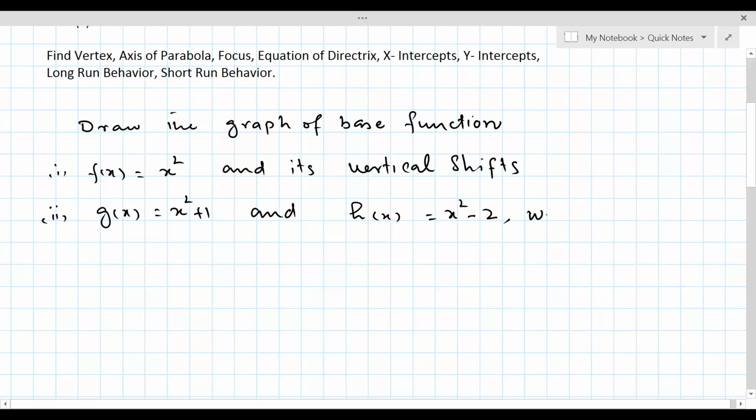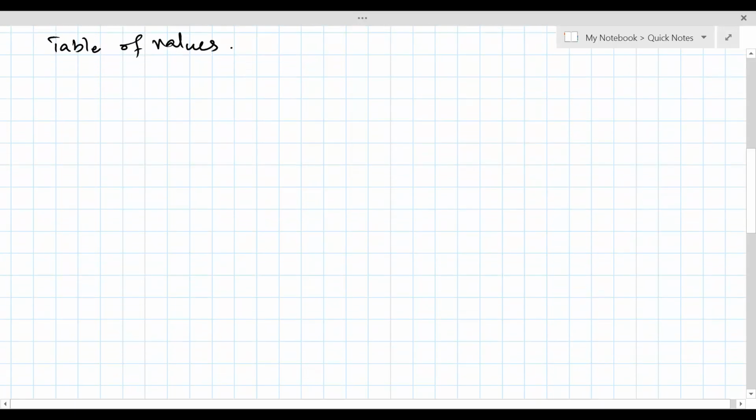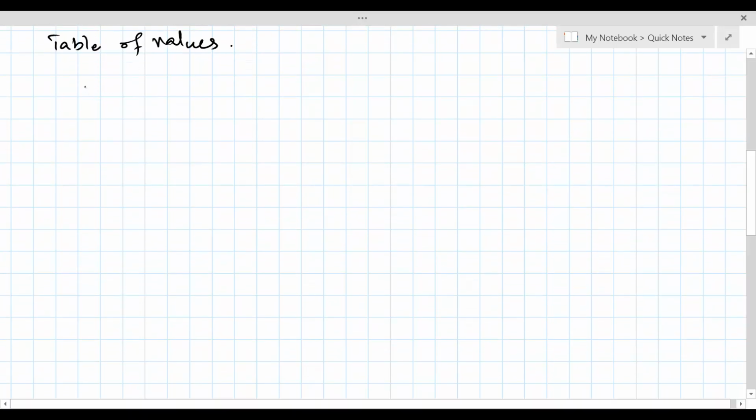We first find the table of values, and for this purpose we will have the value of x, which we assume these are -3, -2, -1, 0, 1, 2, and 3.